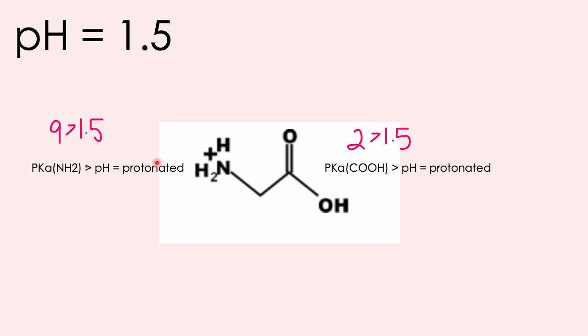At the same time, the pKa of our amino group is greater than the pH. So a pH of 1.5 is less than a pKa of 9, and our amino group will be protonated as well. So here we have a charge of +1. Overall, in these conditions, we have a net charge of +1.